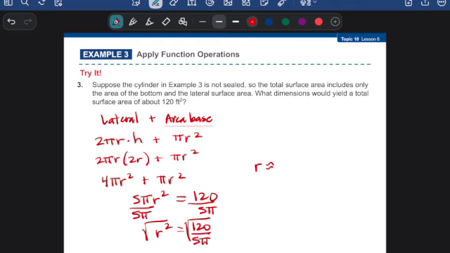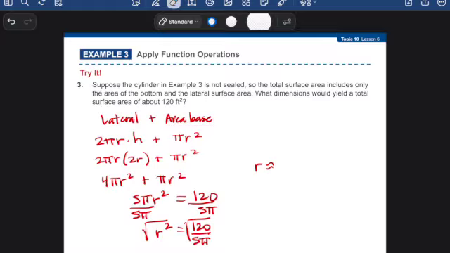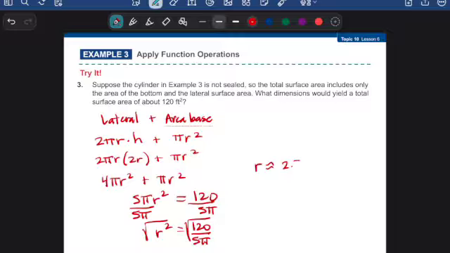And your radius would be approximately 2.76 feet. And the height, remember, is double that. So your height then would be approximately 5.52 feet. So those dimensions would give us a surface area of 120 when there was not the circular cover on the top.